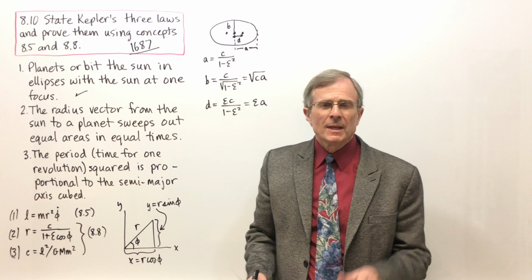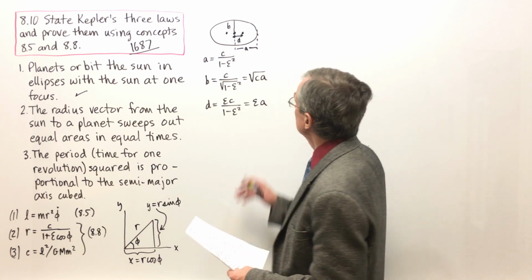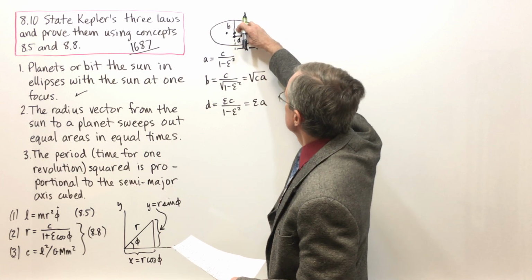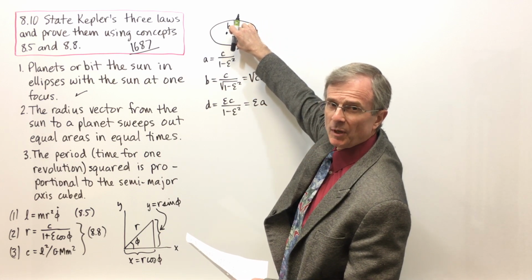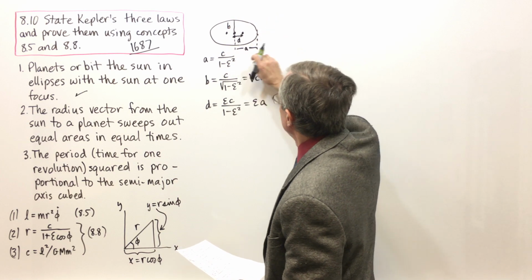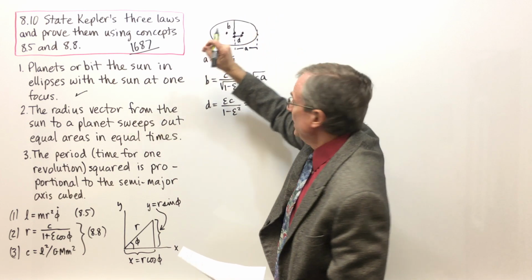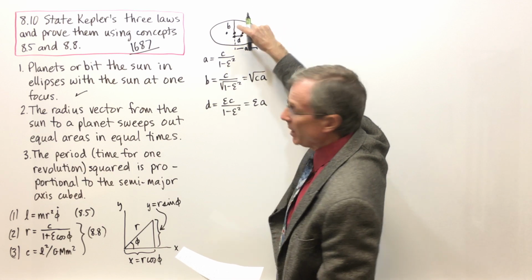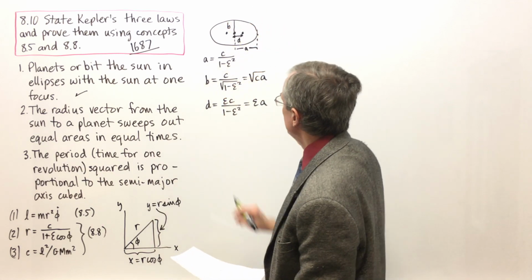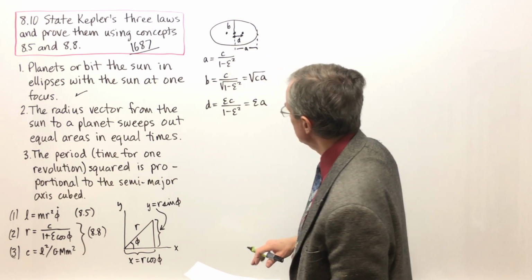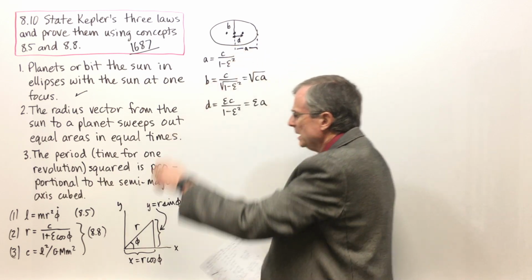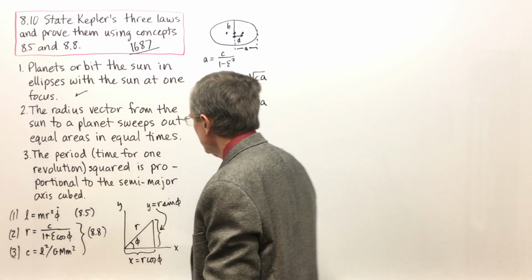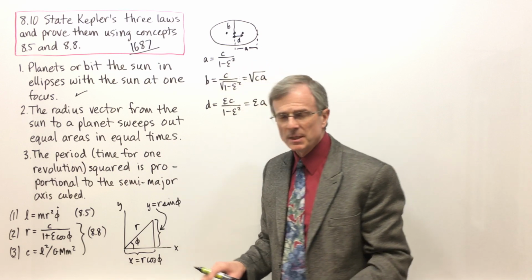Okay, here's what we have so far. We have an ellipse with a semi-major axis a. Here's the center of the ellipse, this dot in the middle of the 3 dots. And semi-minor axis b, and then a distance from the center of the ellipse to one of the foci being d, and those are given by these equations, where c is this constant here, which involves the angular momentum, and epsilon is the eccentricity.